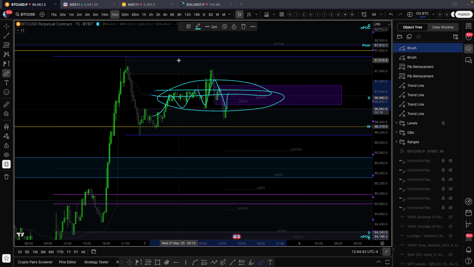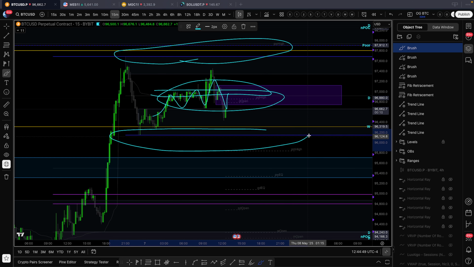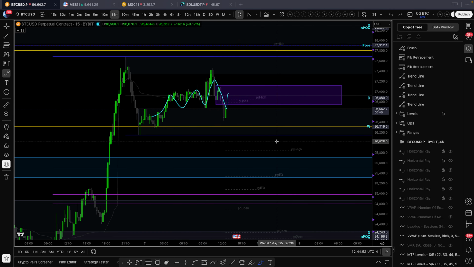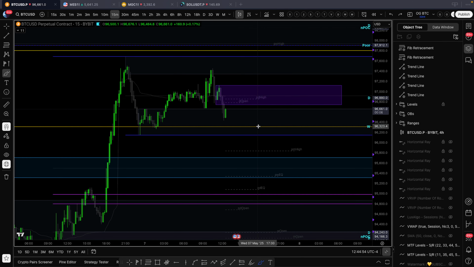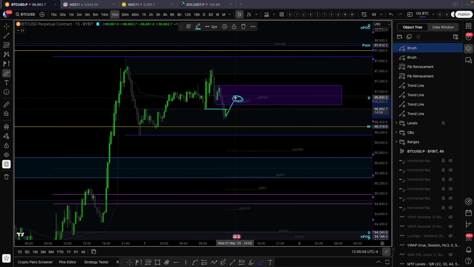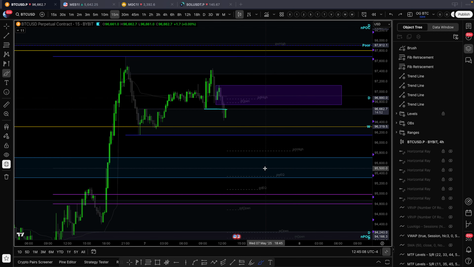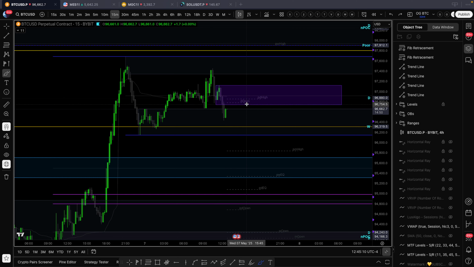So that's why I was saying, watch for your high to either swing failure pattern, watch for your low for the same thing, or watch for the high or low to be broken and then a back test. So we do have this scenario here where we have broken structure, and we can potentially have a decent short to play down. But I would not take this without really, really solid confirmations.